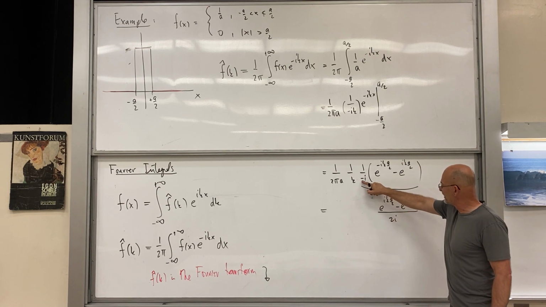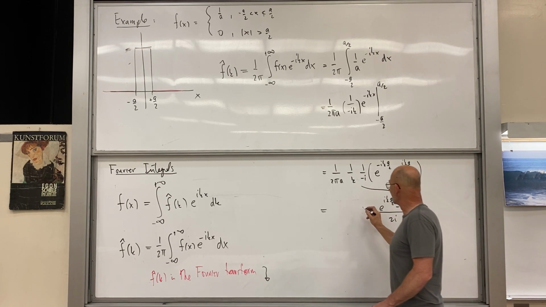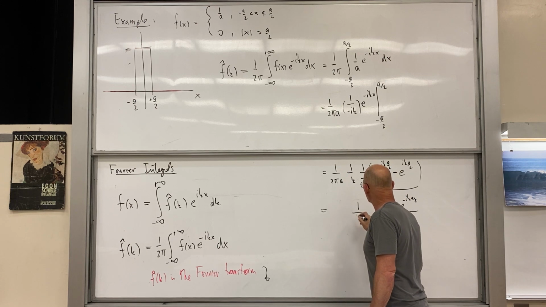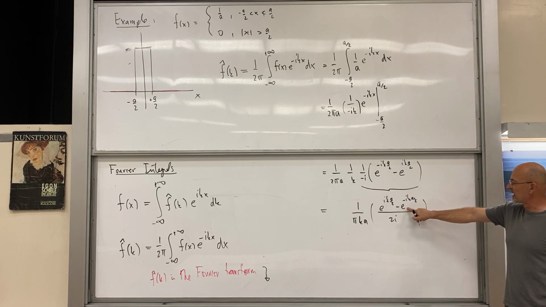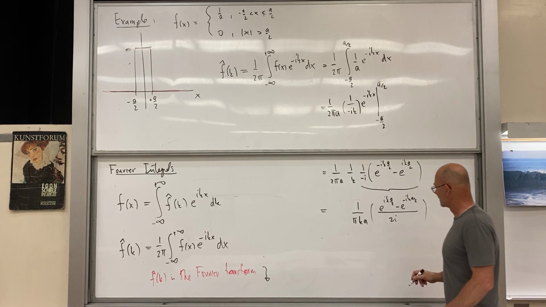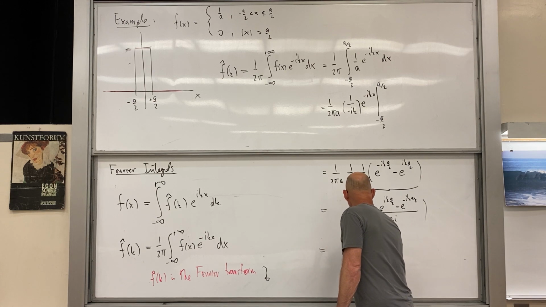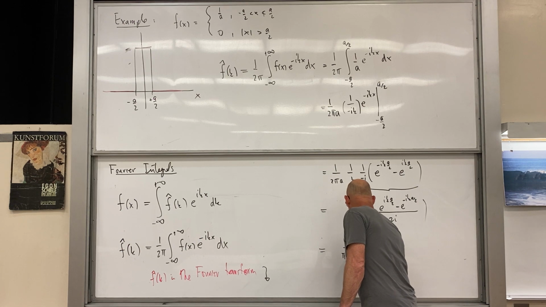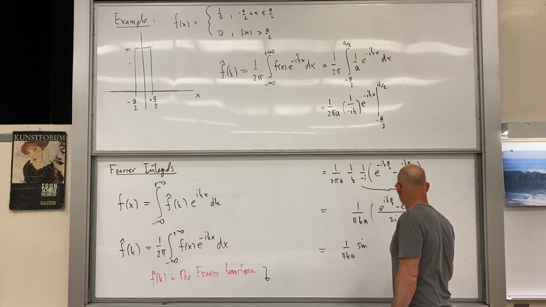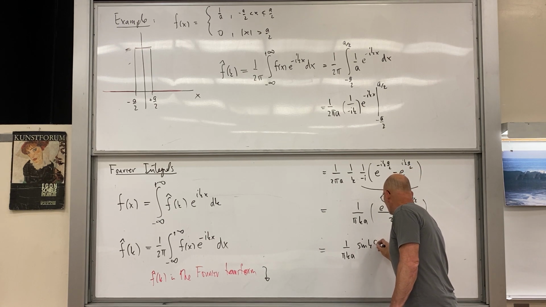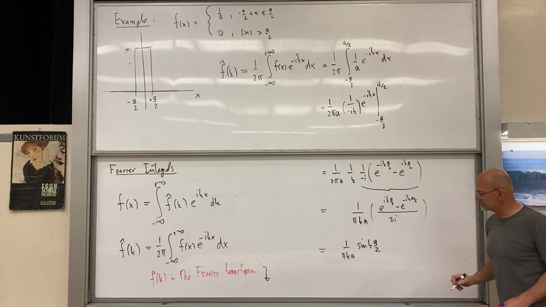I got rid of the minus sign and the i and the 2, so I have 1 over pi k a. This is the sine of k a over 2. So this equals 1 over pi k a times sine of k a over 2.